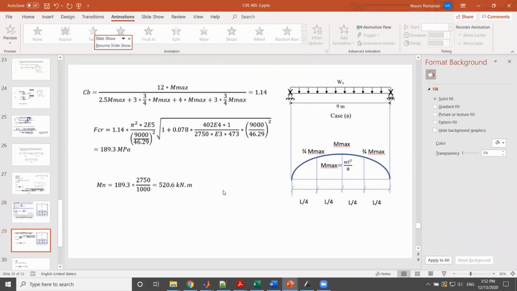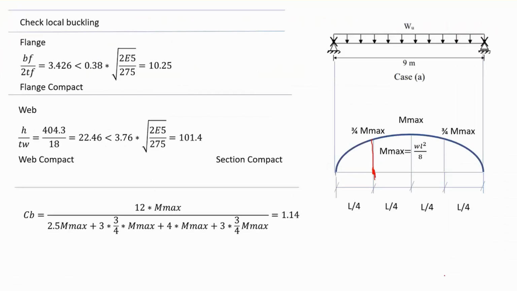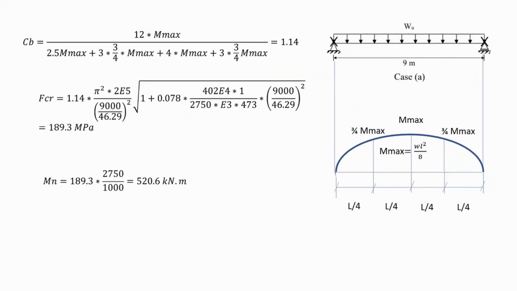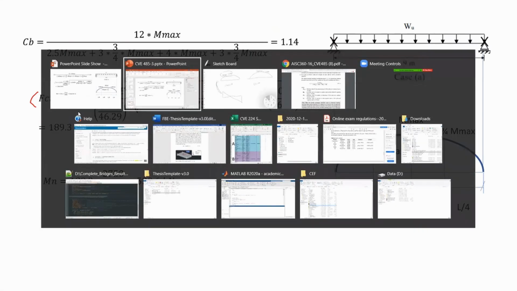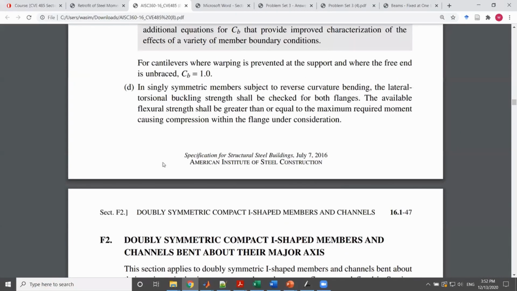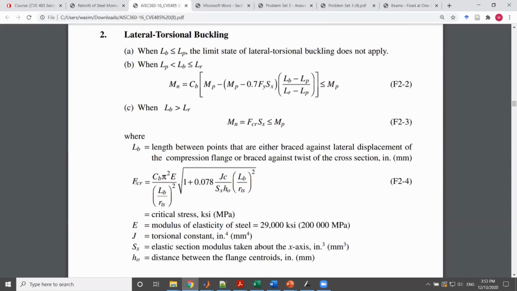Now, let me continue. Since we found CB now to be equal to 1.14, I can proceed and calculate FCR from the AISC. This is your FCR. That's the equation. You're substituting everything.